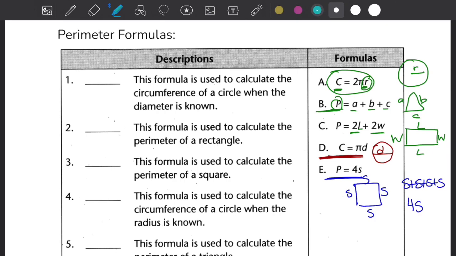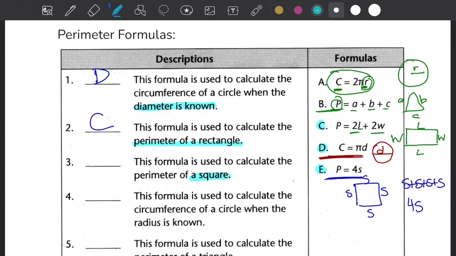So now that I understand what these formulas mean, let's quickly do the matching because we basically did all the work. So the first one says, this formula is used to calculate the circumference of a circle when the diameter is known. So we know that that would be D. Next question reads, the formula is used to calculate the perimeter of a rectangle. We've determined that that is C. This formula is used to calculate the perimeter of a square.